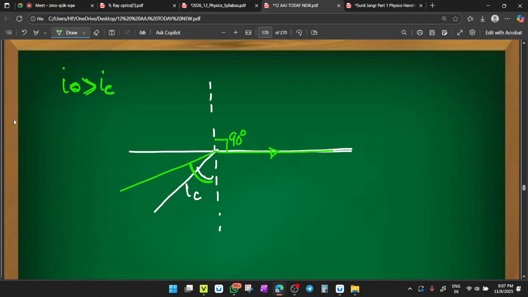When I equals IC, the angle of refraction becomes 90 degrees. But when the angle is greater than IC, the light will be reflected back into the same medium. This is called TIR, total internal reflection.